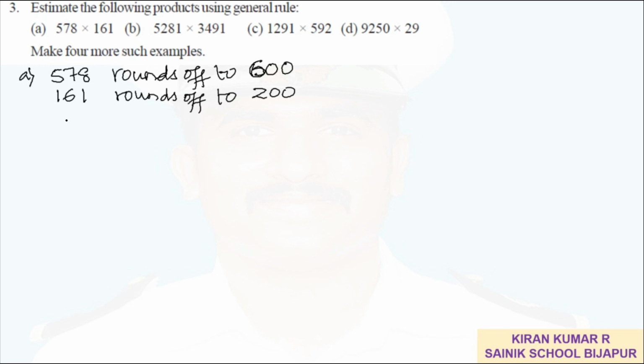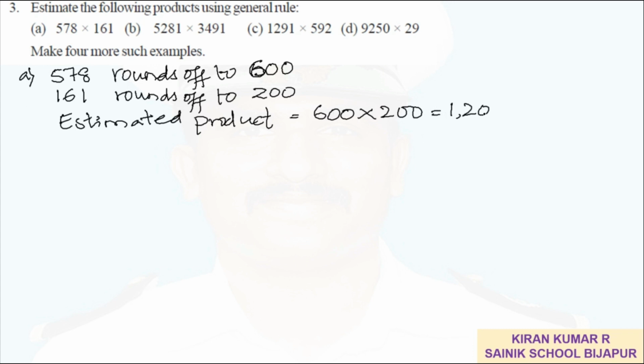So the estimated product will be 600 multiplied by 200, which will be 1,20,000.